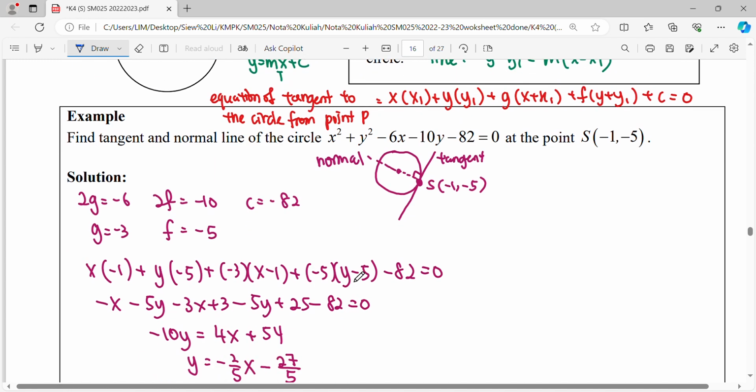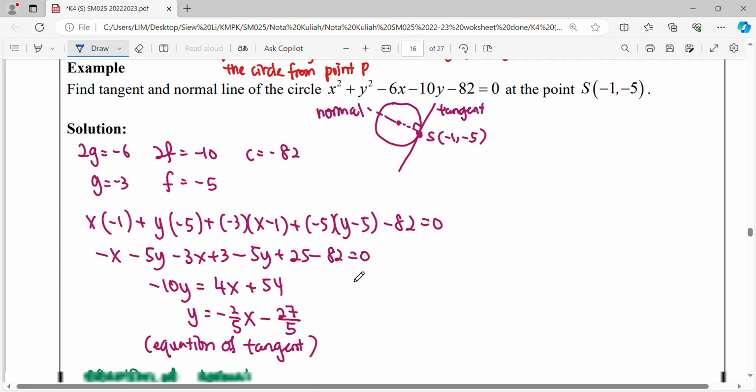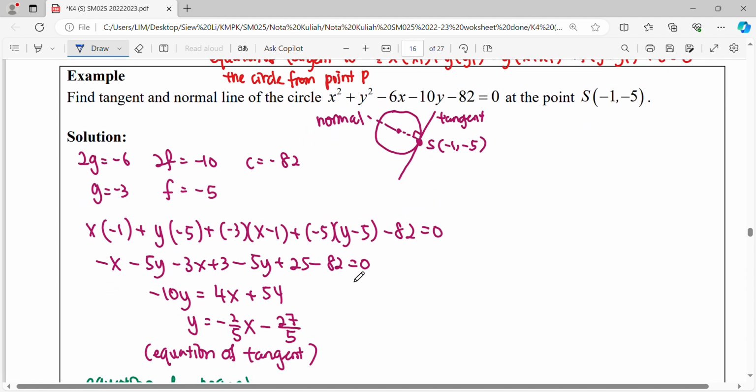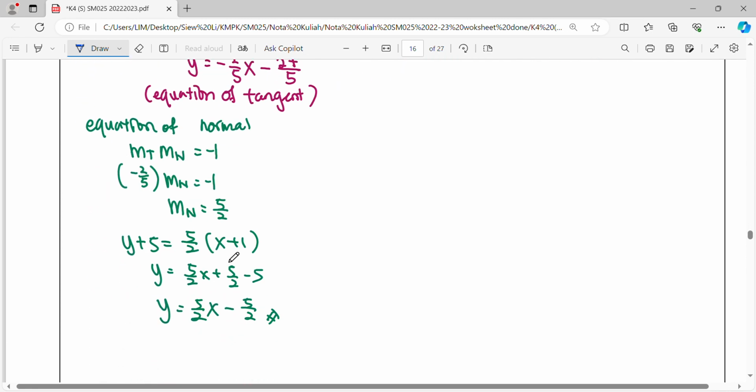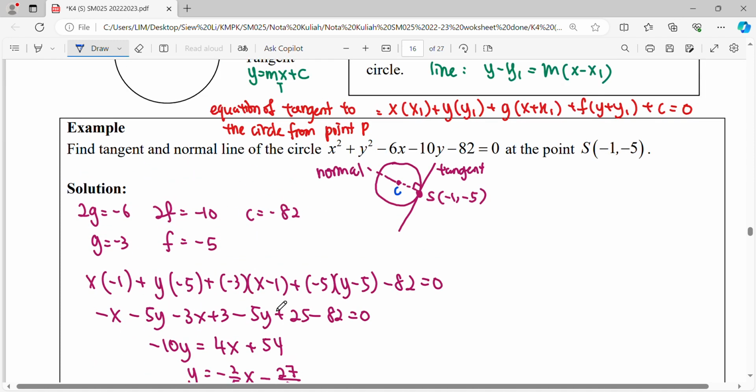So based on the same example here, by using the gradient concept, we need to find out what our center is first so that we can find out the gradient of the normal. Then we put it into the equation of the line to find the equation of the normal first.